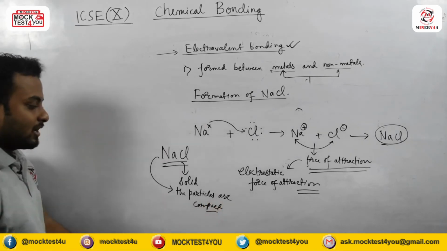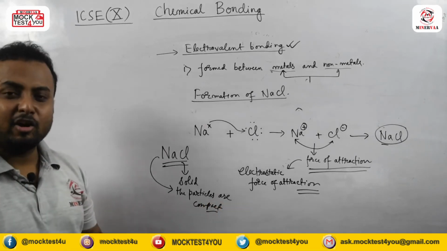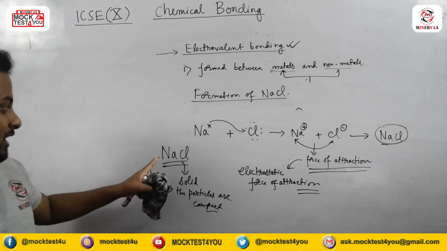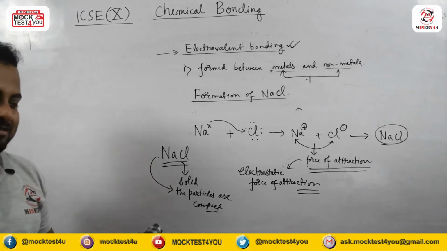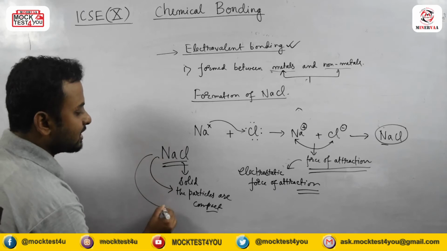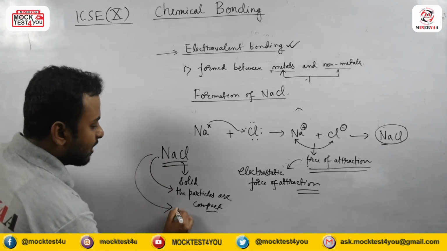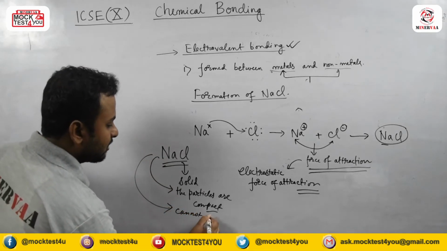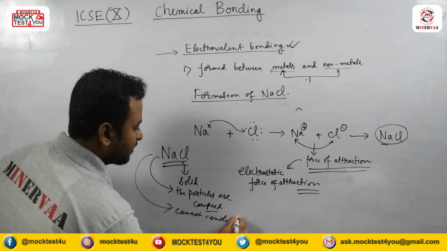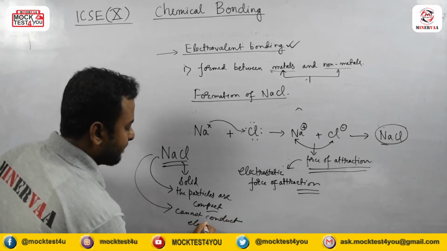In solid state the particles are compact and they cannot move freely. If they cannot move freely, they cannot conduct electricity. So in solid state ionic compounds cannot conduct electricity.